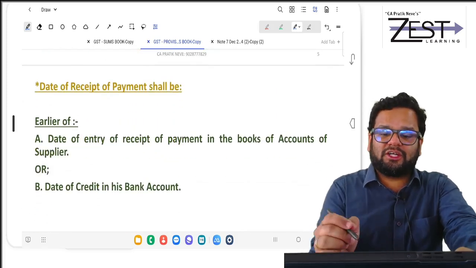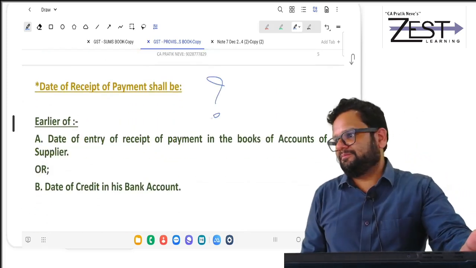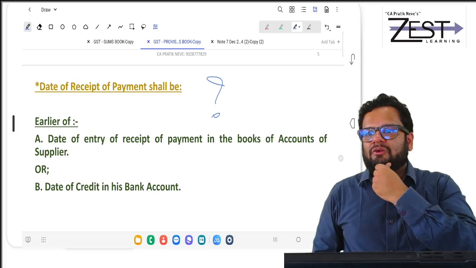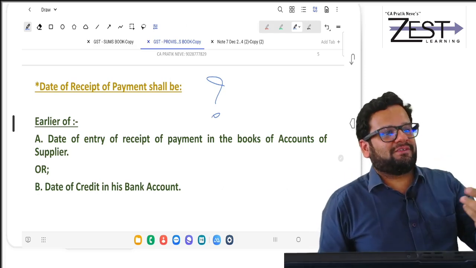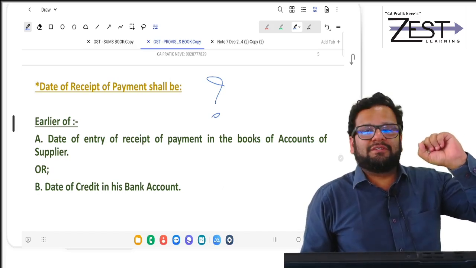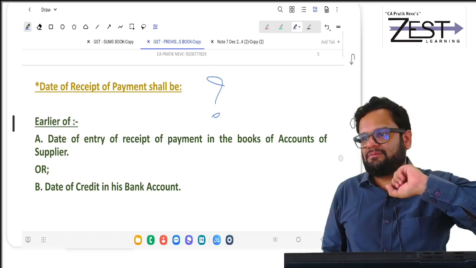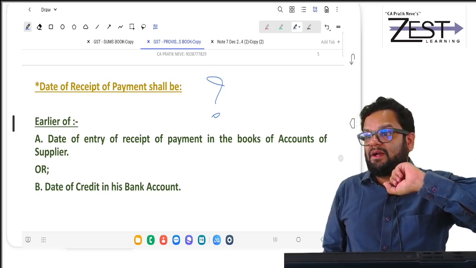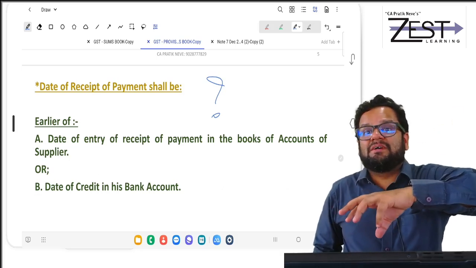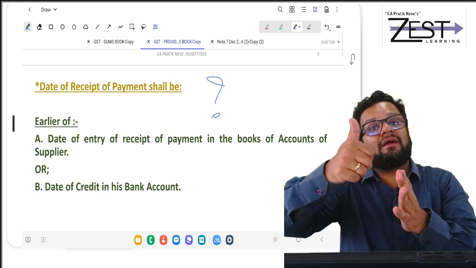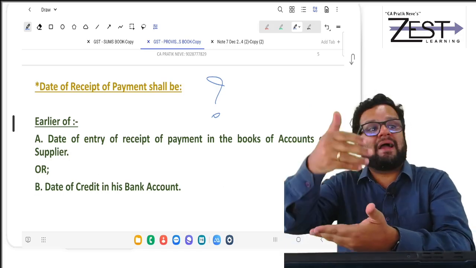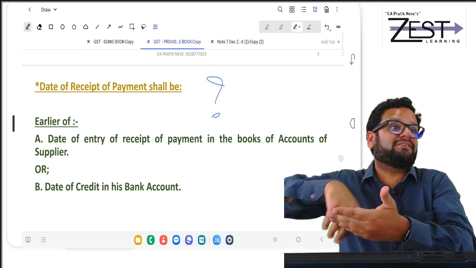Okay. Now, what is date of receipt of payment? You will say why this has to be discussed. I am supplier. I gave services to V Techno. I received a NEFT from them. That means money is first credited in my bank account. Then when my accountant checks my bank statement, he understands payment is received.